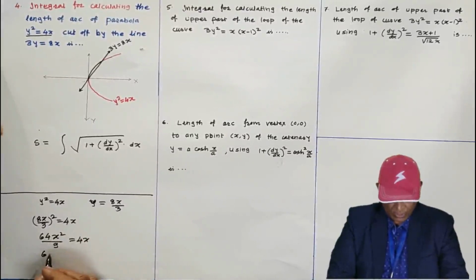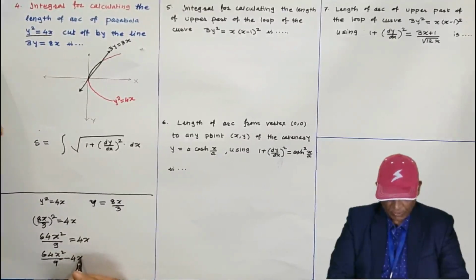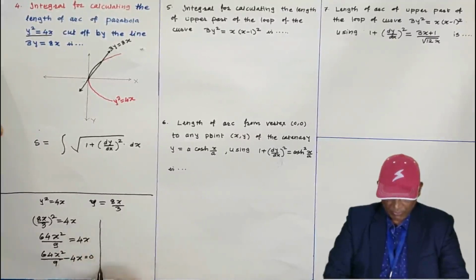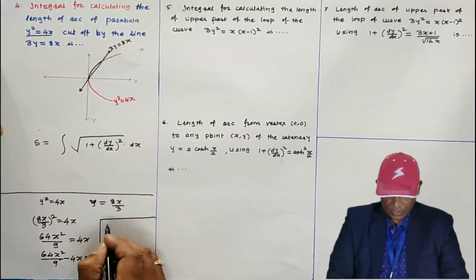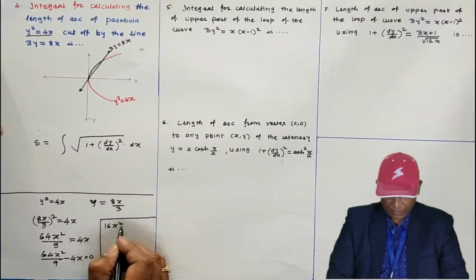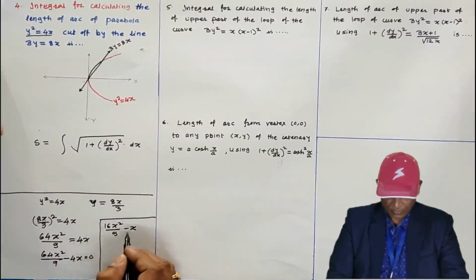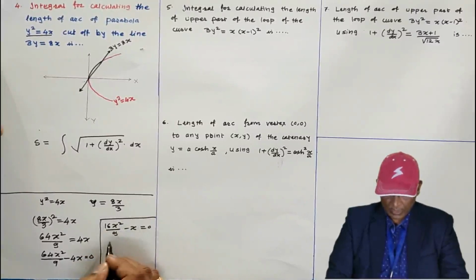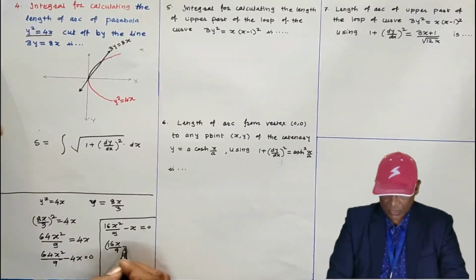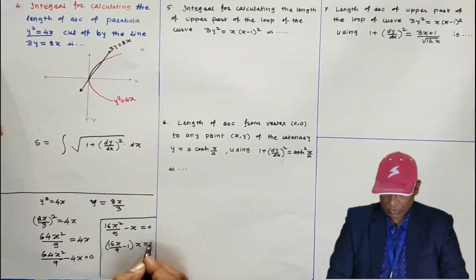Shift 4x to the left hand side: 64x square by 9 minus 4x equal to 0. Then divide by 4, because 4 is common: 16x square by 9 minus x is equal to 0. Take x common: x times (16x by 9 minus 1) equal to 0.